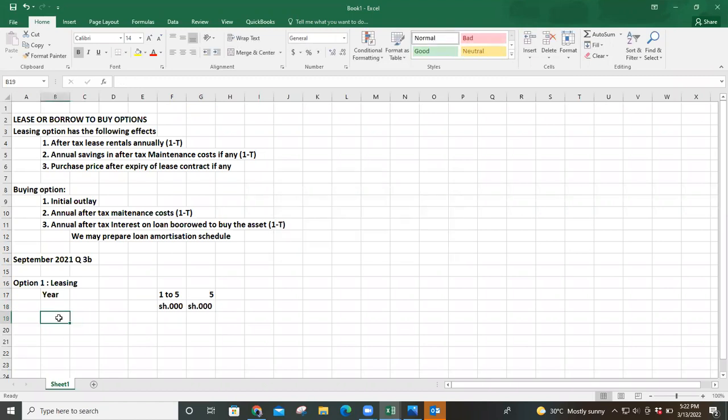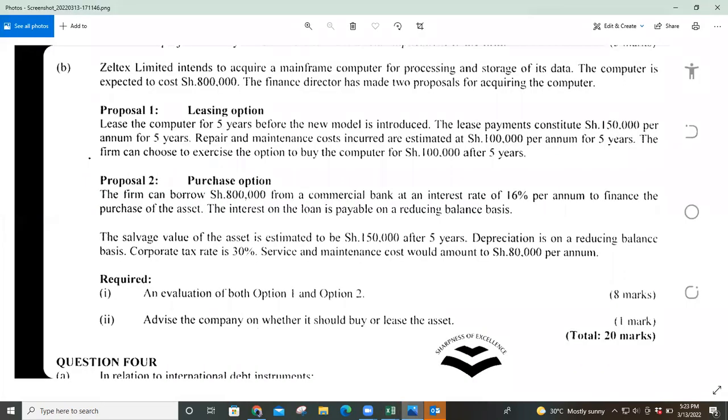So we can have our annual after tax lease rentals. The lease payments were 150,000 per annum for 5 years, and the tax rate was 30%.